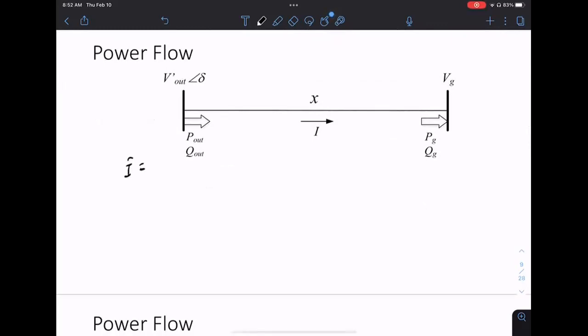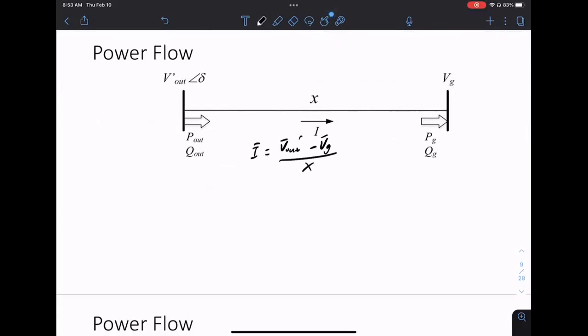This is V out. I is V out minus VG over jX. So VG is almost always the frame of reference for us. So that's a zero angle voltage for us.